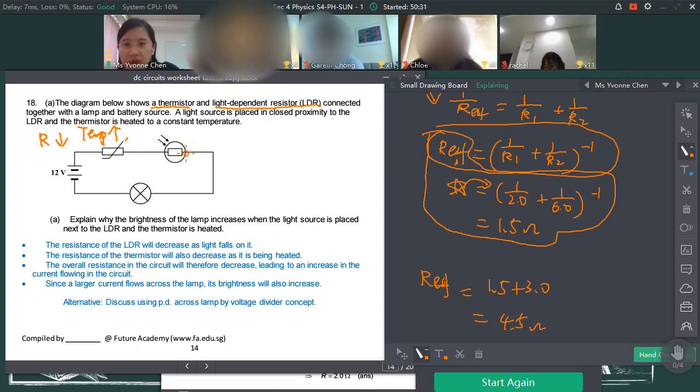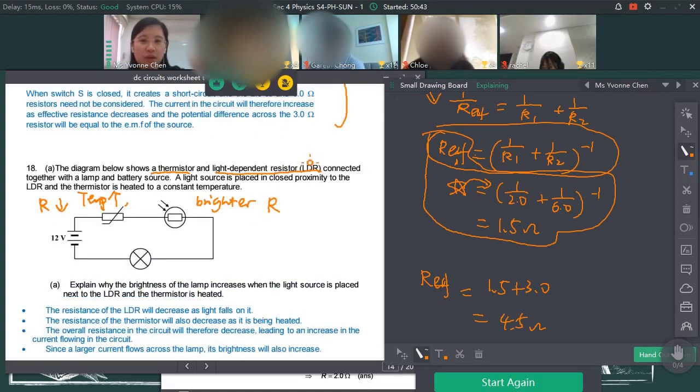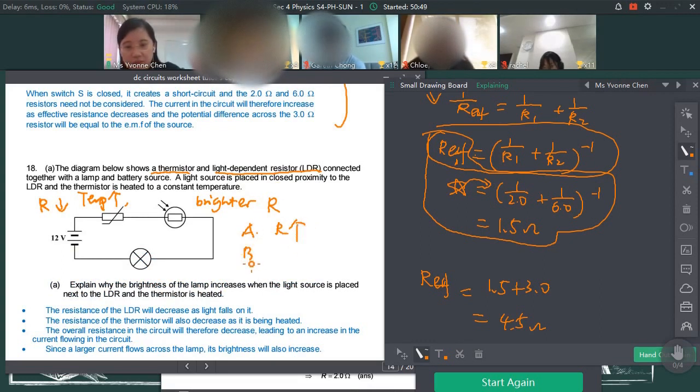For the LDR, light dependent resistor, as it's brighter, what happened to the R? Does the R increase or decrease? I'll give you option A, option B. Option A, R increases. Option B, R decreases for LDR.